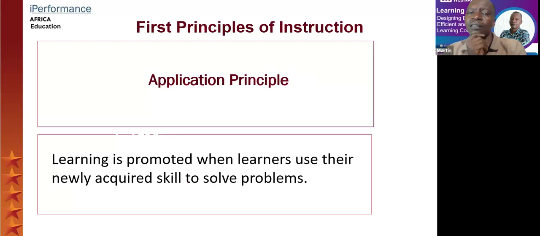Then the application principle: learning is promoted when the learner uses their newly acquired skills to solve a problem. We have shown this learner how to hammer a nail. Now we ask them, okay, can you put together a chair? And they will be hammering there, actually applying what they were shown on how to hammer nails.